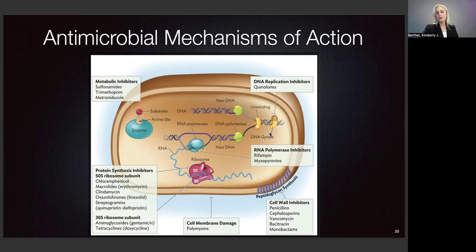Here we also have parts of the central dogma that can be affected. That's going from DNA to RNA to protein. Here we see DNA replication with our quinolones, RNA inhibitors, and then even down to protein synthesis, whether we're hitting the 50S or 30S portions of the ribosome. So inhibiting DNA replication can prevent cells from dividing.